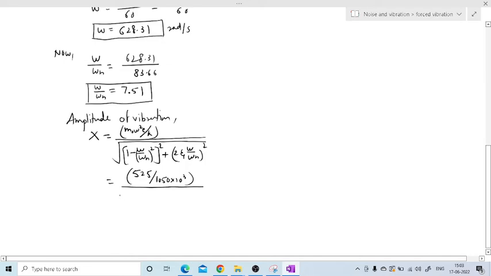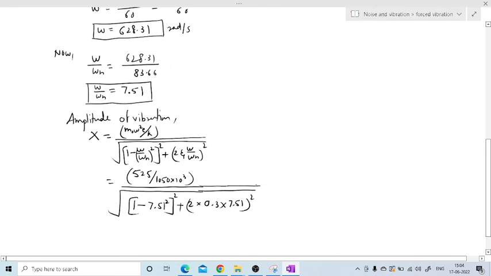Divided by root of [1 minus omega by omega n, that we have determined as 7.51, square, then whole bracket square] plus [2 into zeta, which they have given as 0.3, into omega by omega n, 7.51, bracket square].